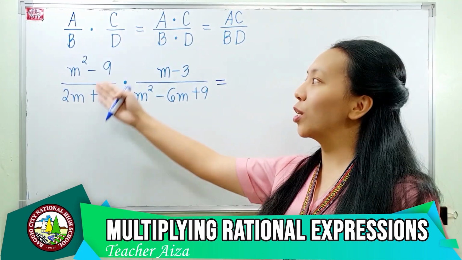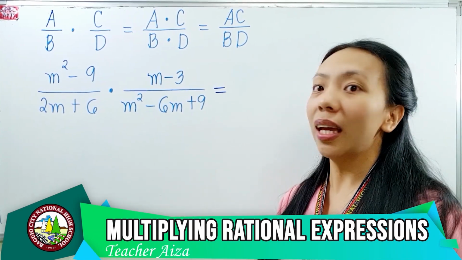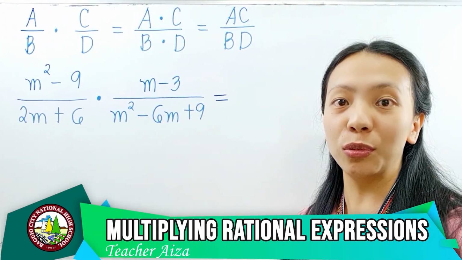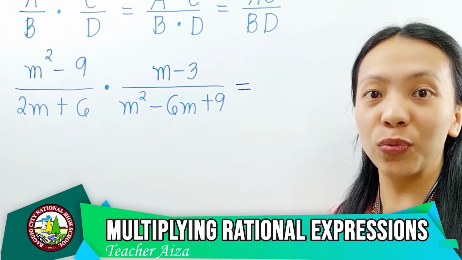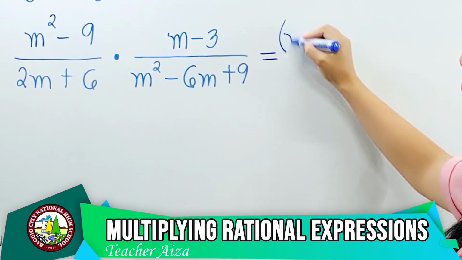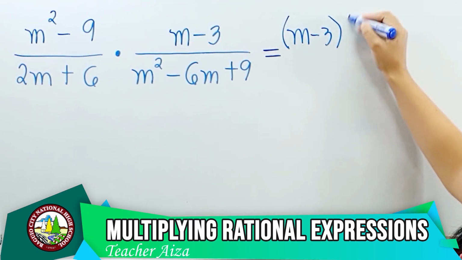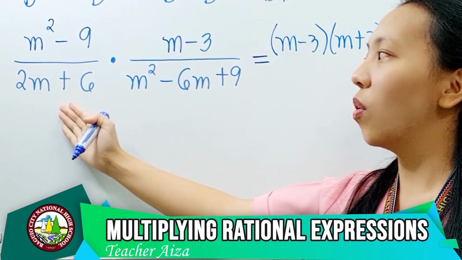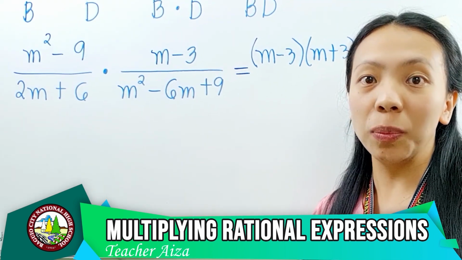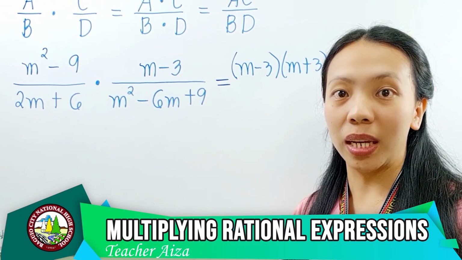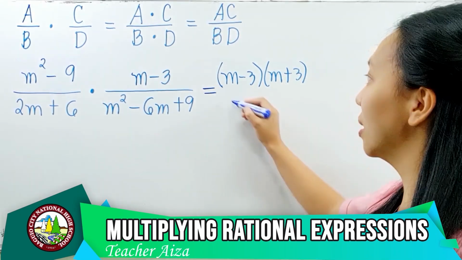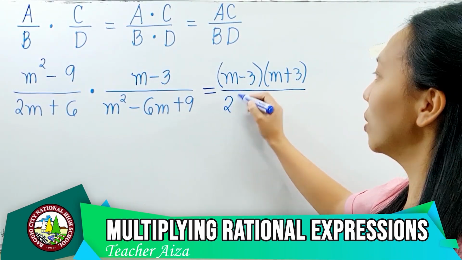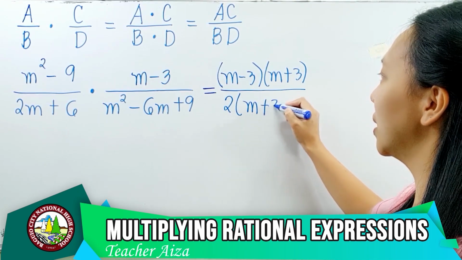The numerator of the first RAE is factorable by the difference of two squares. Its factored form is the quantity m minus 3 times the quantity m plus 3. Its denominator, on the other hand, is factorable by the common monomial factoring. Its factored form is 2 times the quantity m plus 3.